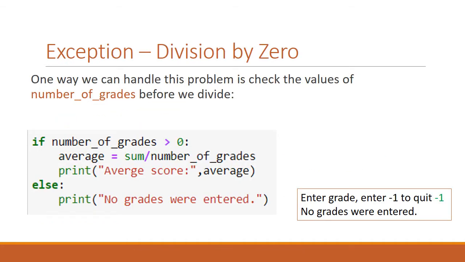One of the ways we can modify our code to ensure that a division by 0 exception isn't thrown is by simply adding an if statement. So before we calculate the average, we can check to see if number of grades is greater than 0. So in our if statement, we add the condition: if number of grades is greater than 0, go ahead and calculate the average. Otherwise, inform the user that no grades were entered.